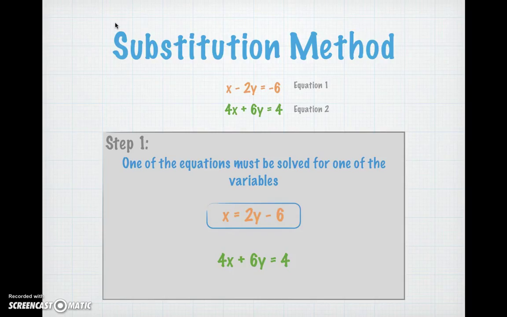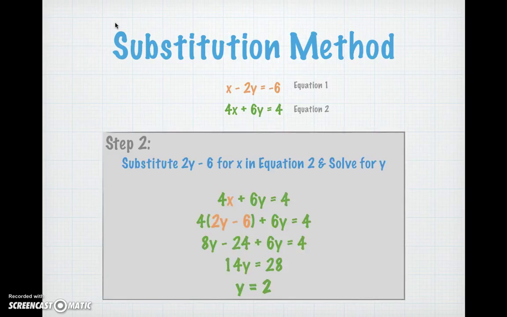And now my equation is already solved for a variable, and I can take that and input it into my second equation. So then I take 2y minus 6 and input it for x in my second equation, and I solve for y. Inputting my 2y minus 6, I get 4 times (2y minus 6) plus 6y equals 4.